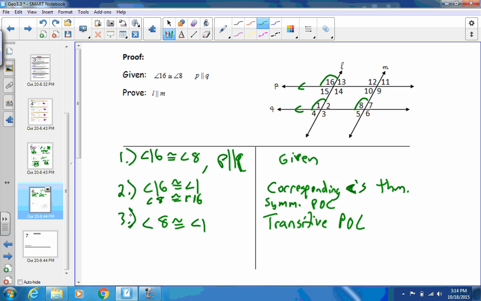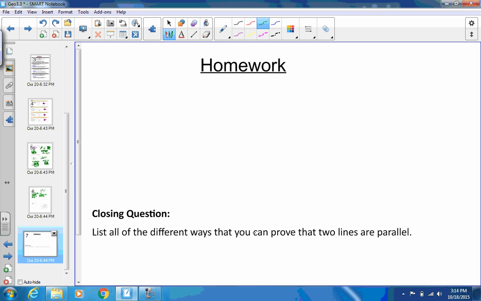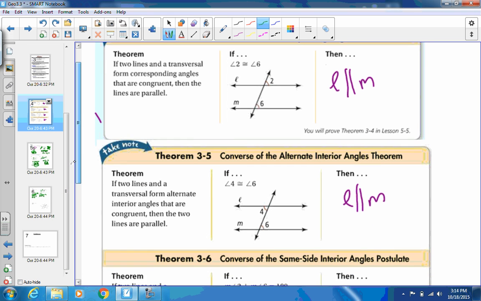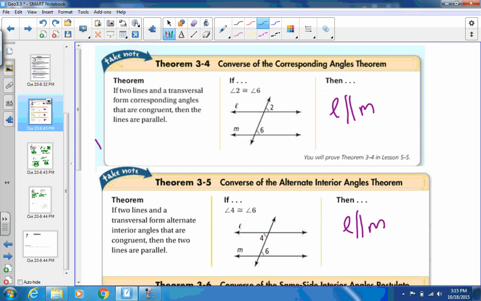All right. Now, if angle 8 is congruent to angle 1, those are corresponding angles as well. And if we're dealing with Q as your transversal through lines L and M, then we can already say that line L is parallel to line M because of the converse of the corresponding angles theorem. That one's Theorem 3.4.